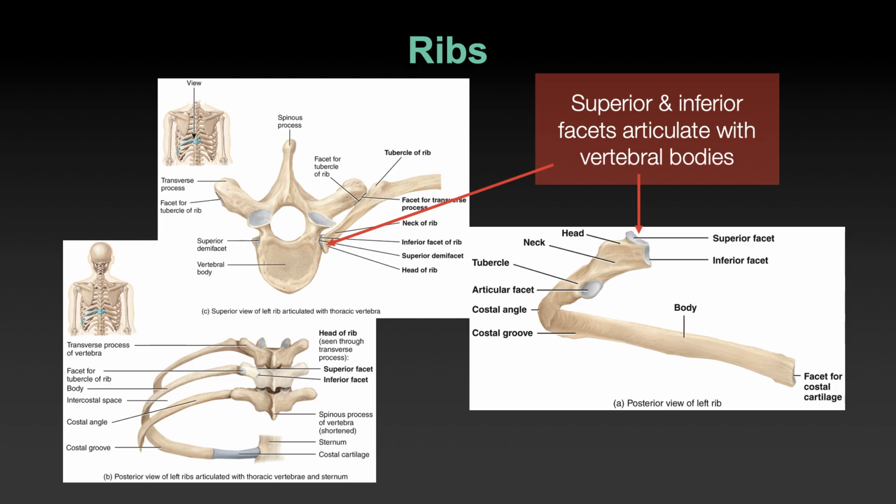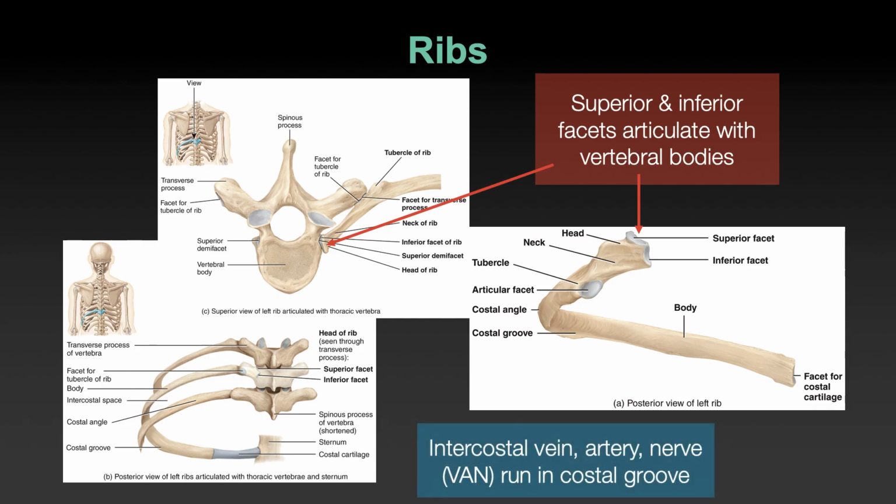Now, as they go all the way around, the ribs are a really important attachment point for muscles that we'll see today. But I also want to call your attention to this little groove that's hard to see on this graph, but it's on the inferior border of every rib. It's called the costal groove, and that groove, that recess, allows the vein, artery, and nerve, this triad structure, to travel the length of the rib.